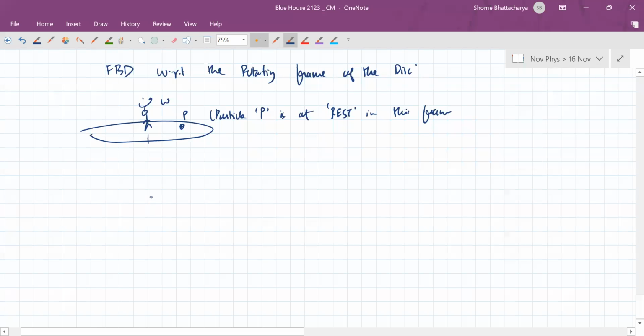But when we make its FBD, we have to understand that we are in a rotating frame of angular speed omega. So the particle, being at a radial distance of r, is experiencing a centrifugal force radially outwards.